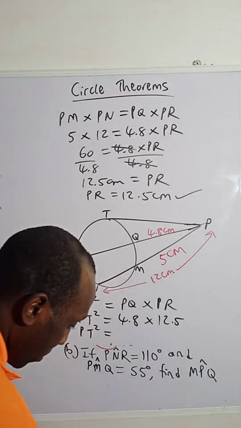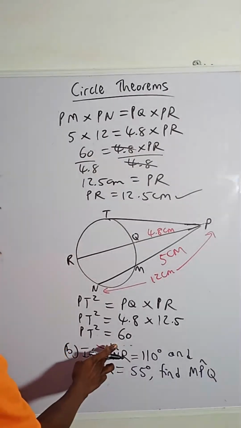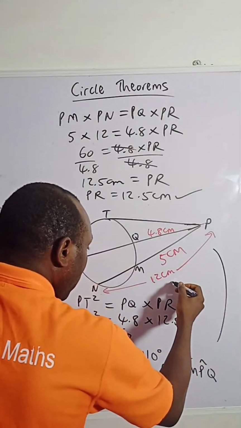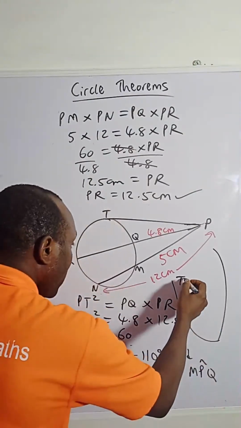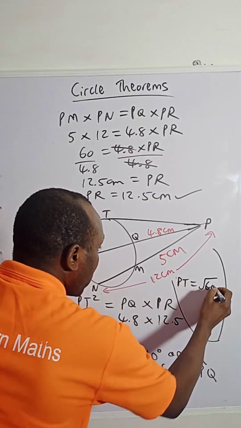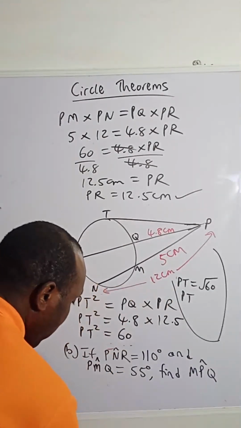60. Yes. And when you square root both sides, let me complete it here. PT will be equal to the square root of 60. What is the square root of 60?